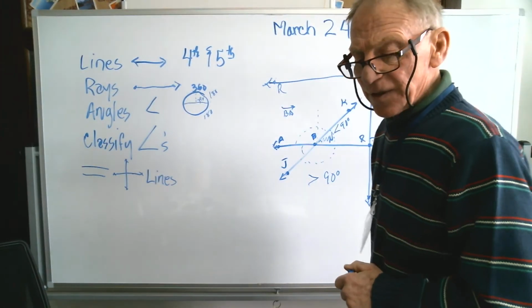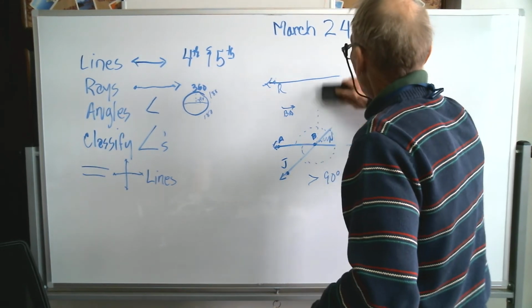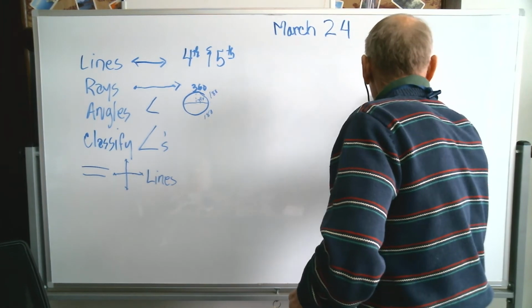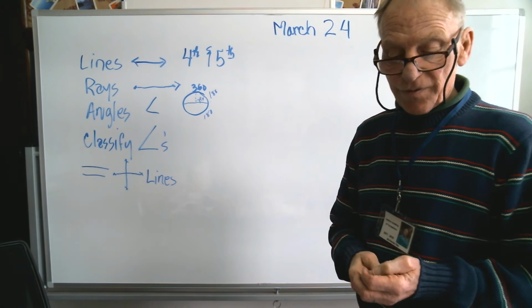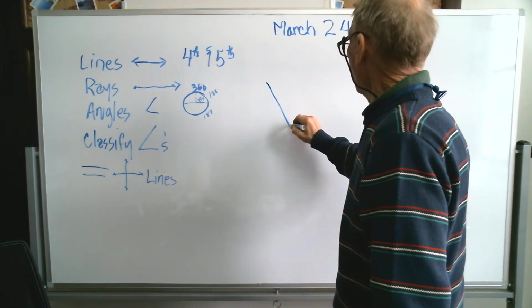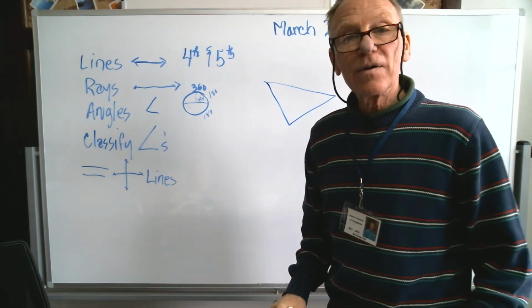Well, in lesson 10.2 of the 4th grade math book, they give you a whole bunch of examples, pictures of these angles. And they're using triangles. What's a triangle?